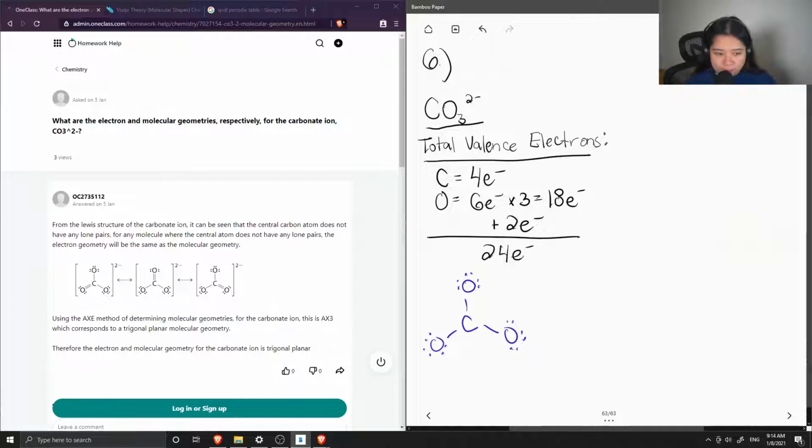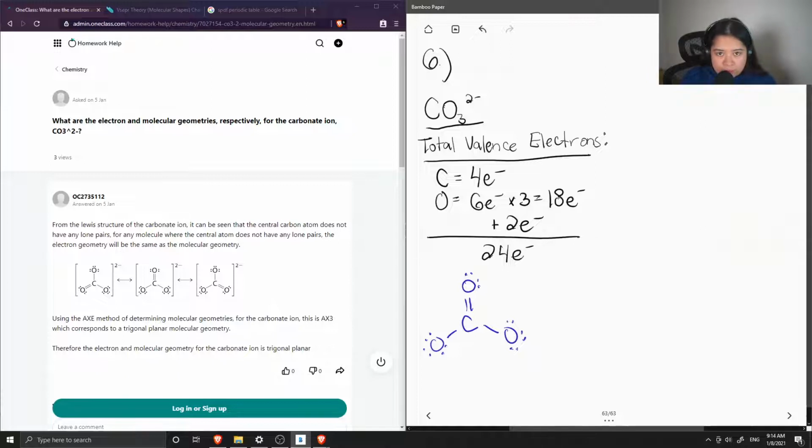octet. So I need to make one of these oxygens double bonded and erase one of the lone pairs. And now if we count it out, I still have 24 electrons, except this time my carbon has a full octet.